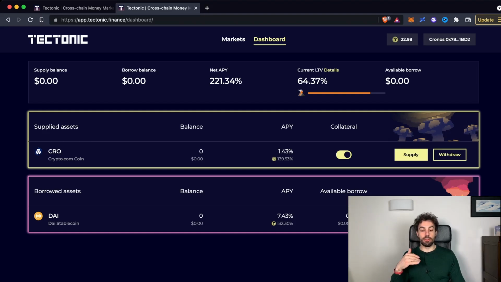The amount is so small that we can just forget about it. Most probably, this problem will be solved in the next couple of hours, days, weeks. I don't know how long it will take. In any case, it's not something that will affect your ability to use it. As you can see, we were able to completely repay the borrowed assets, and at the same time withdraw the asset we have supplied to the platform.